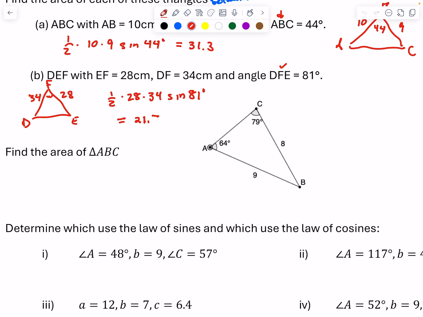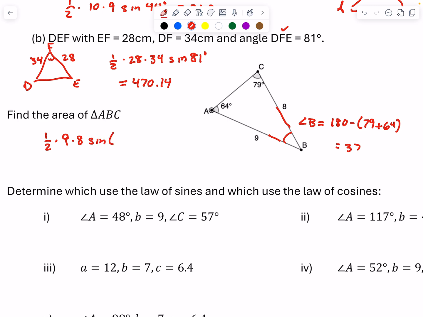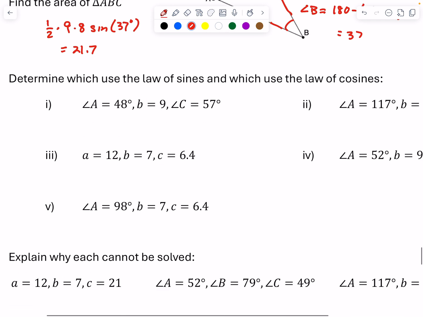Oops, where am I? That's the answer to the next one. All right, we need this angle because it's these two sides. Almost done.